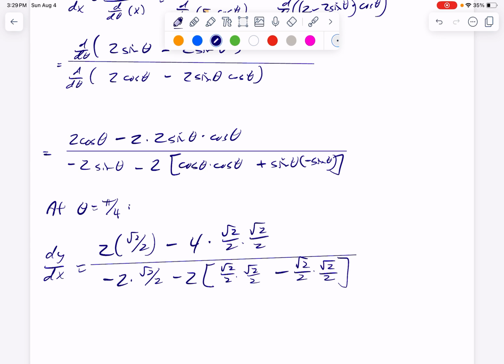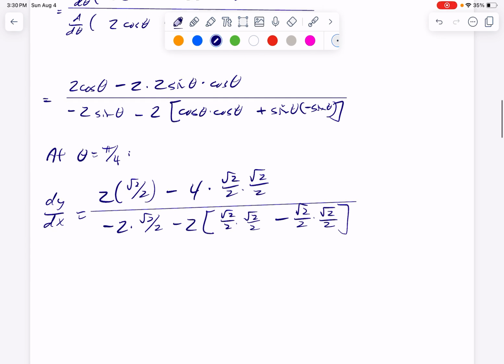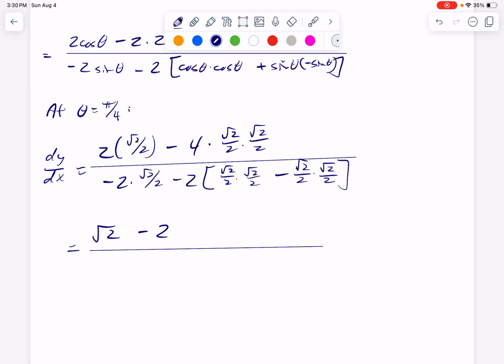That's actually convenient there. So if we keep simplifying, up top, you'll notice this 4 cancels with the 2 times 2, so we're left with root 2 minus root 2, which is 2, over minus root 2 is what we get if we simplify this part, and then this is all 0.